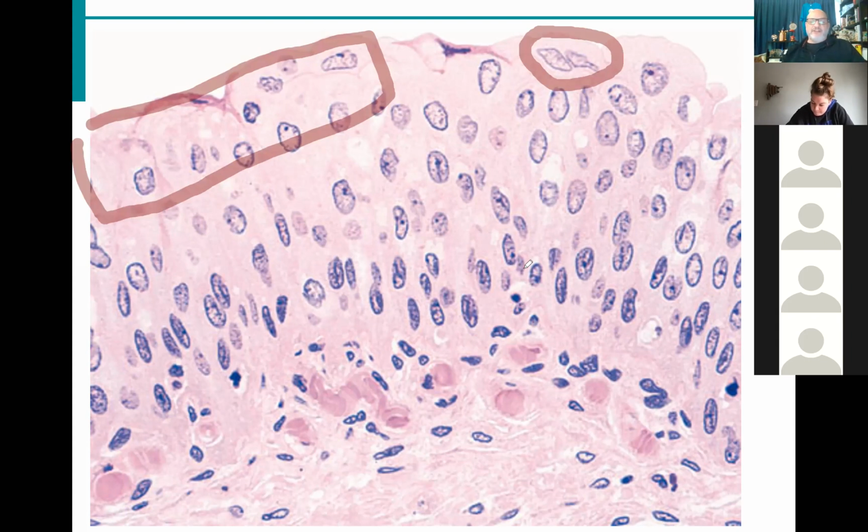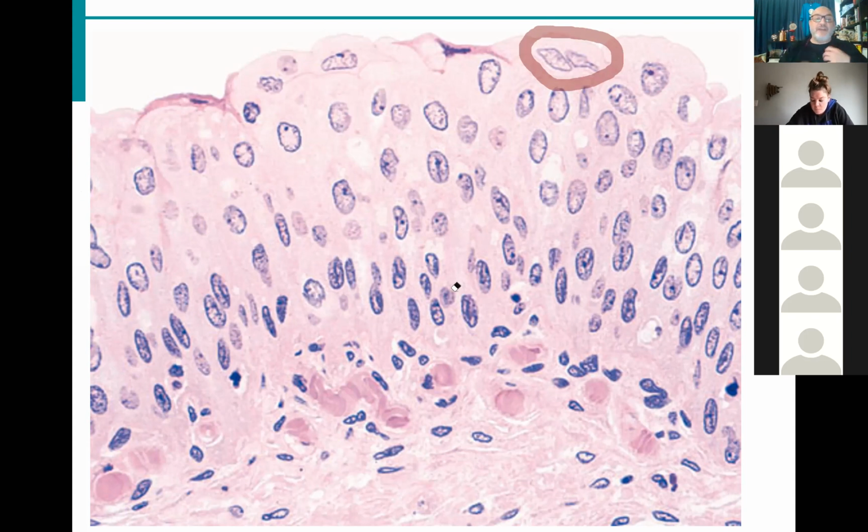You are looking at a transitional epithelial tissue. I don't know why only some get it, and not every transitional epithelial tissue will have it. But if you see it, you know you are looking at a transitional epithelial tissue. So let that be one of your dead giveaways.